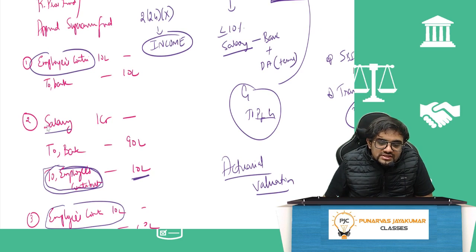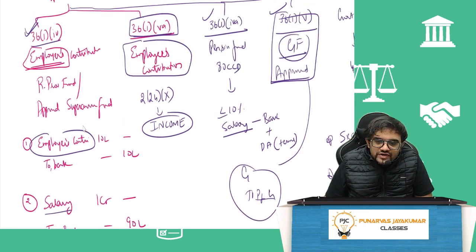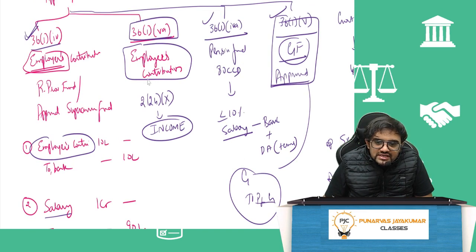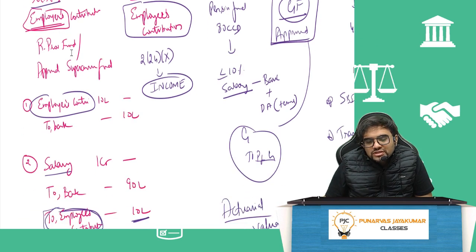What about this employee's contribution of 10 lakh? Basically, this is embedded in the salary of 1 crore. 90 lakh will be salary, 10 lakh will be employee's contribution. My dear friends, 36(1)(va) says that employee's contribution will be taken as income. Why?